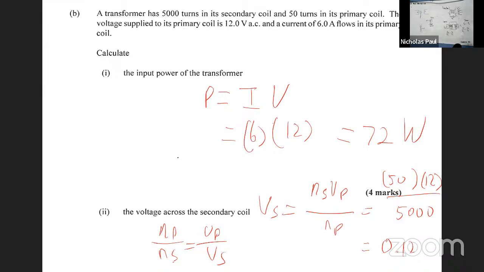Volts? What type of transformer is this? A step down, right? So the value is okay there.